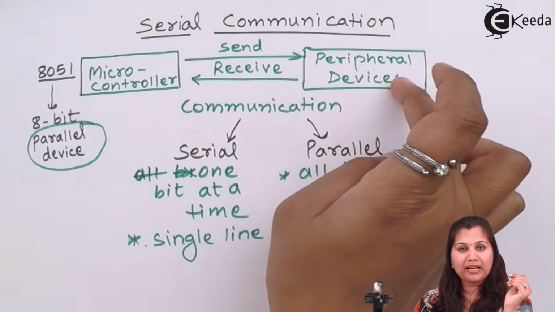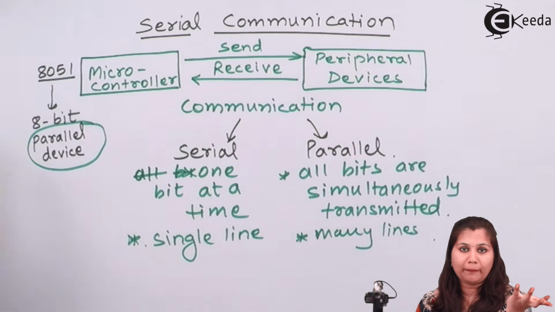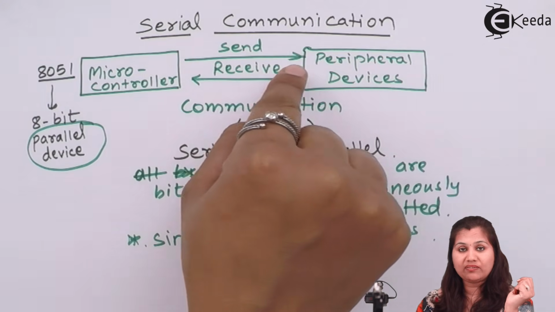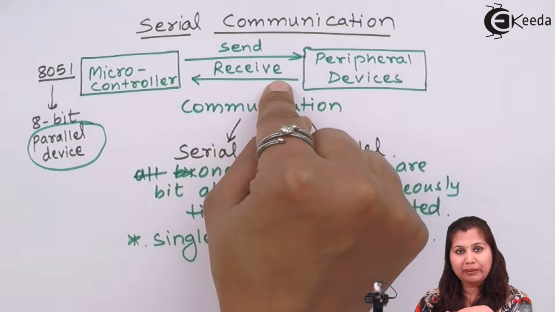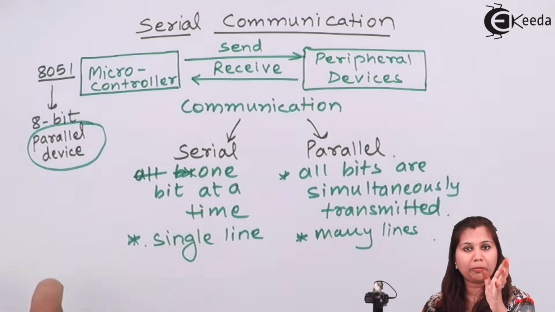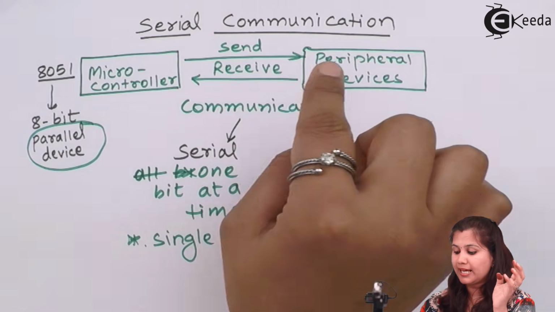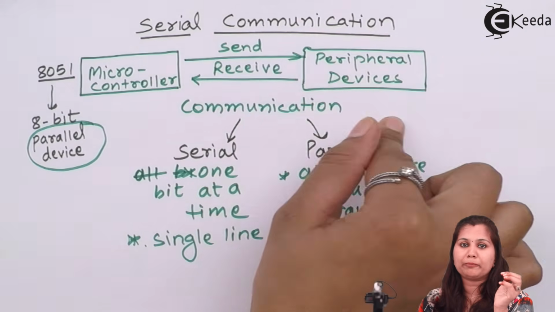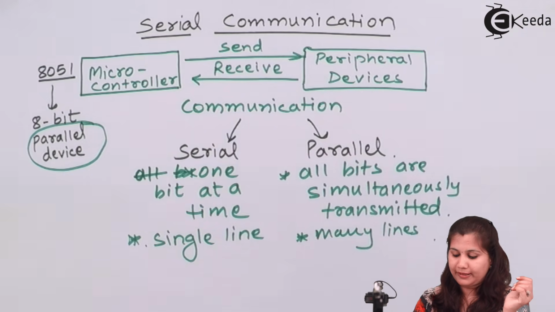Now this peripheral device is also a parallel device, and it will also deal with parallel data. So when it receives serial data from this microcontroller, it will convert it into parallel data, meaning serial to parallel conversion has to take place, and then that parallel data will be processed by the peripheral device.